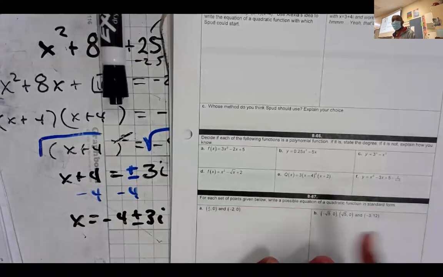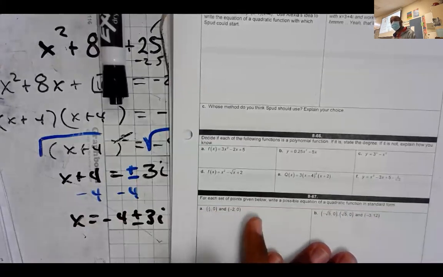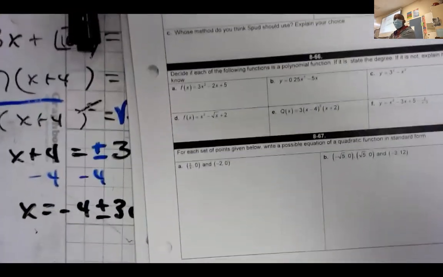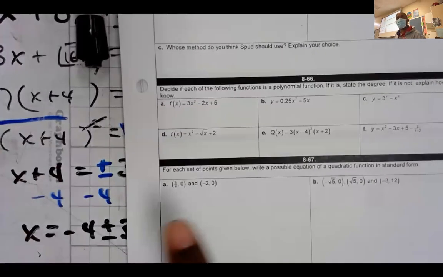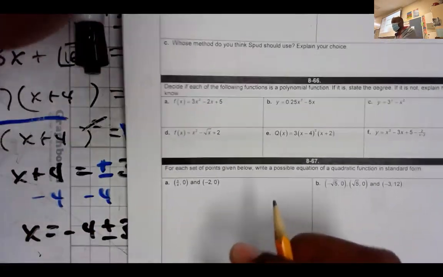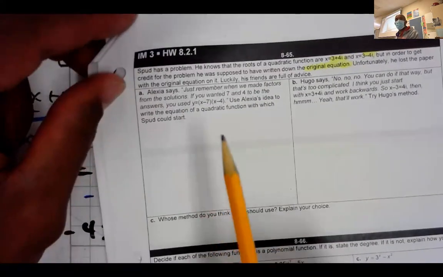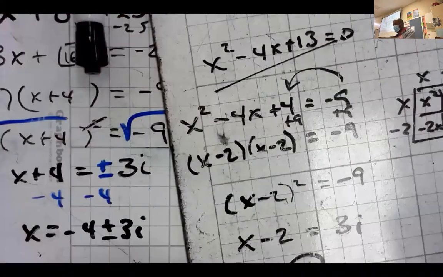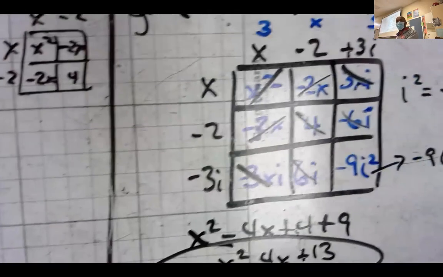Okay, and then here you are basically taking these roots, and I'll do a quick little review of this one. You're taking these roots and creating the equation. All right, so again, for that one we just went over, this method is the one where you're going to do the 3x3 box.